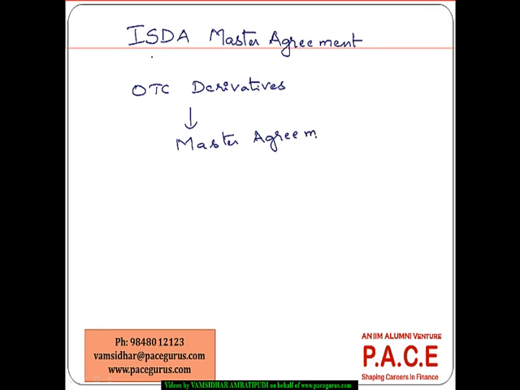which is purely targeted towards bilateral. So when two companies are entering into an OTC derivatives contract, they can use the ISDA master agreement. So it contains purely the terms and conditions which governs the transactions between the two parties.